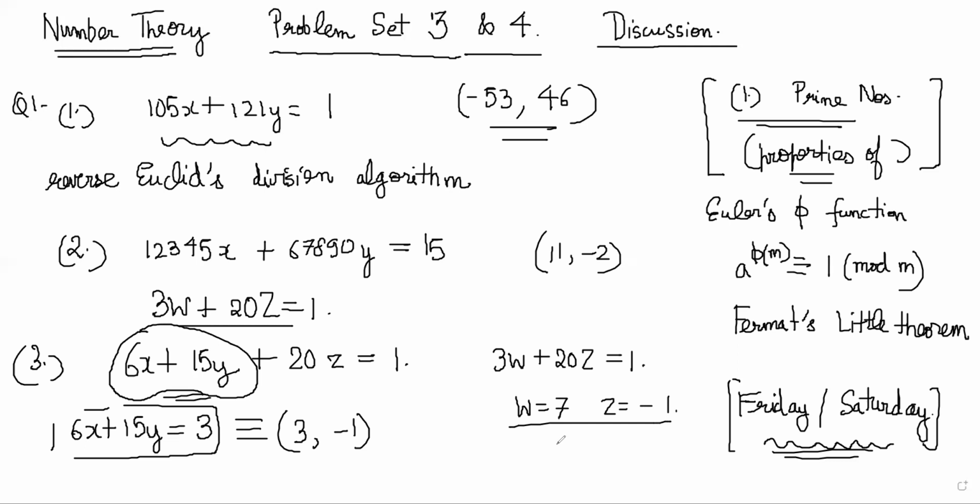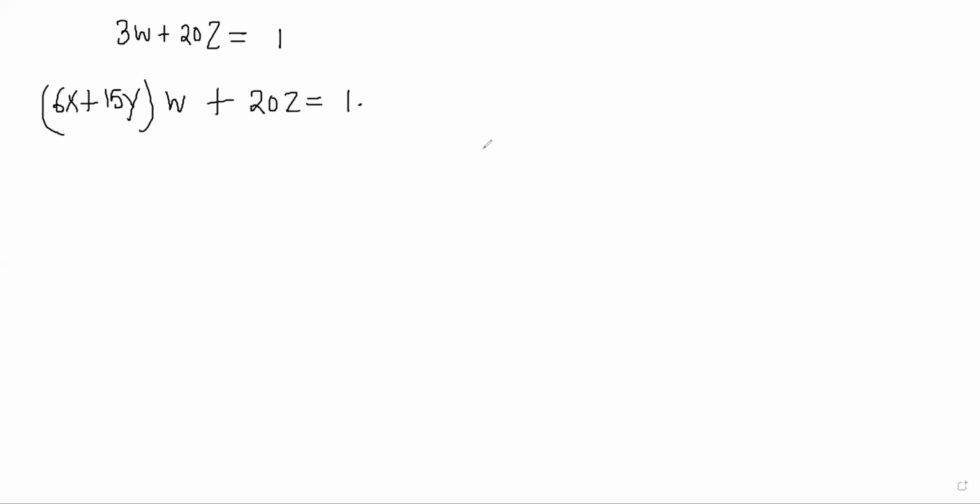Okay. So now what you can say is you can rewrite this equation. This 3 is 6x plus 15y, right? So you have basically 3w plus 20z is equal to 1, right? So now what you can say is (6x plus 15y) times w plus 20z is equal to 1, right?